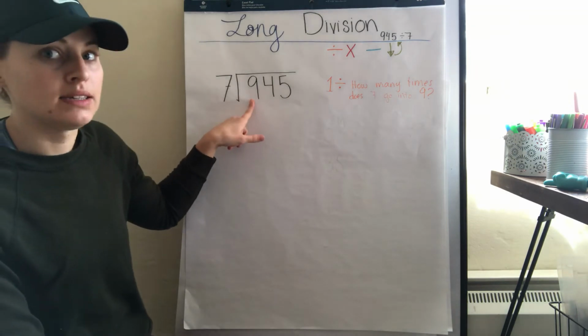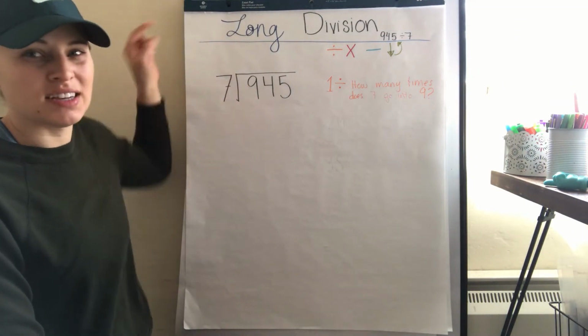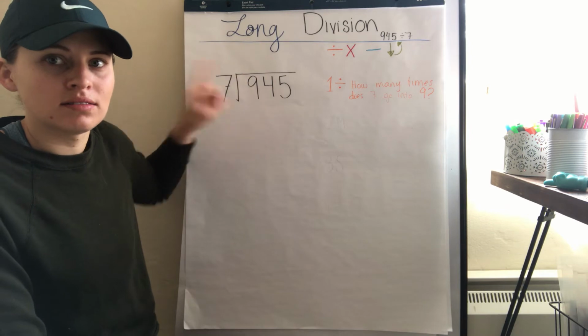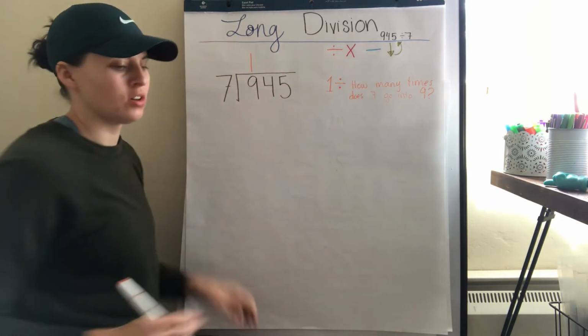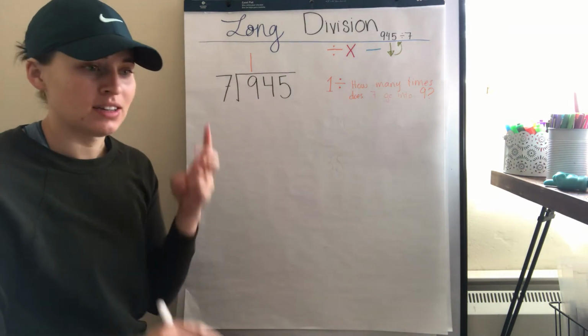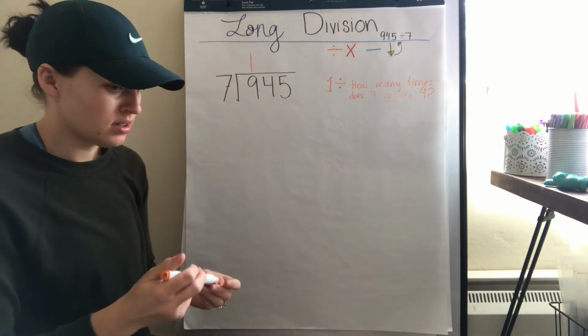So let's think, how many times does 7 fit into 9? 1 time. So we put our 1 up here. It only fits in 1 time, because if I had 2 7s, I would have 14.